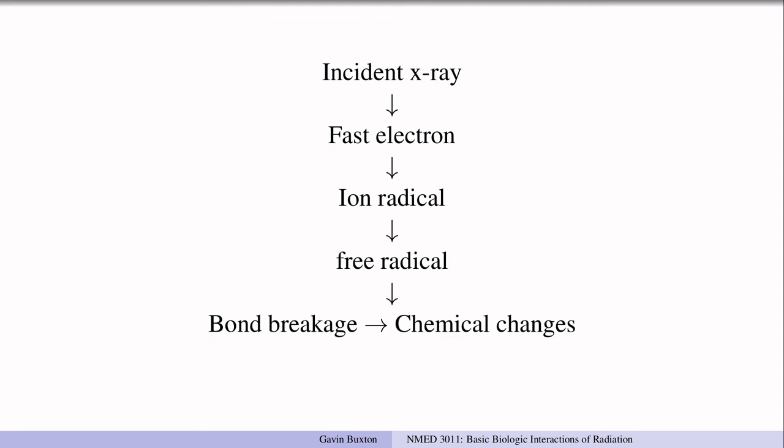And we'll talk a little about that in a second. And then ultimately, after a latent period of days or even years or whatever, we might then observe some biological effects because of the damage done by the radiation.